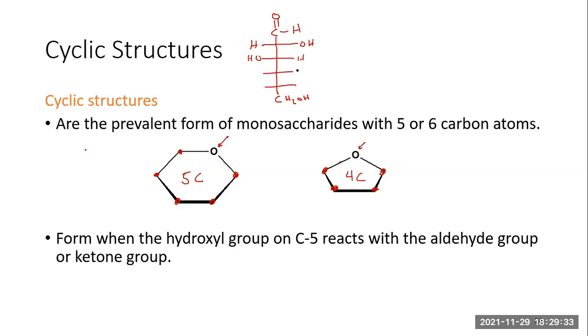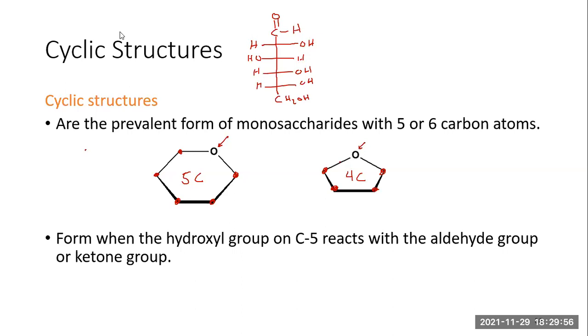Let's do this and this and that and that. Now, if we want to turn this into a cyclic structure, we want to allow it to close up on itself.